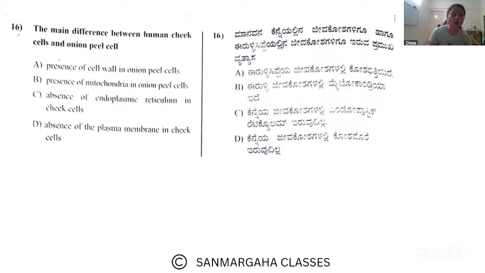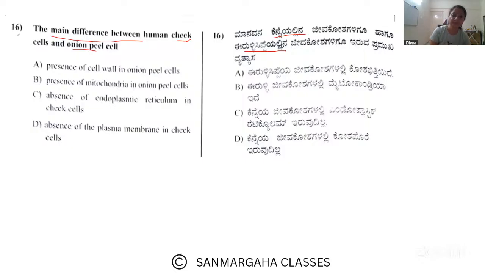What is the main difference between human cheek cells and onion peel cells? That means you have to tell the major difference.